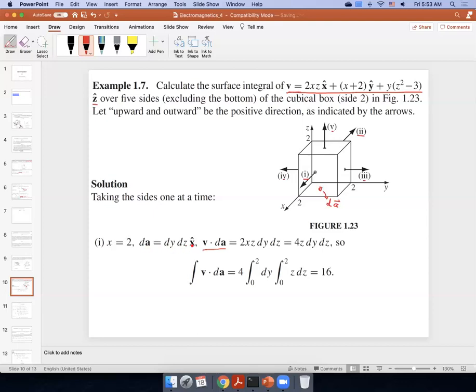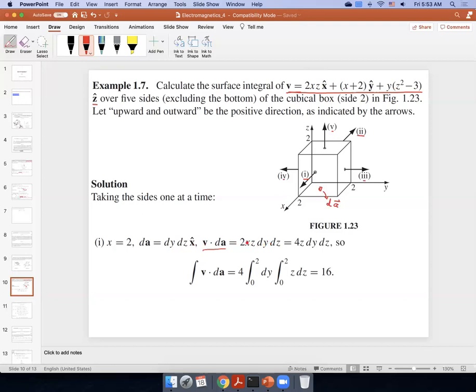The dA doesn't have any y direction or z direction components. So when you do the dot product, the y and z directions will be 0. So you only have the x direction term. It's 2xz times dy dz. So it's 2xz dy dz.